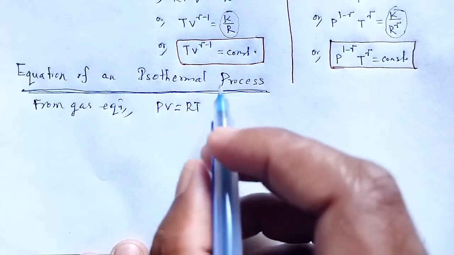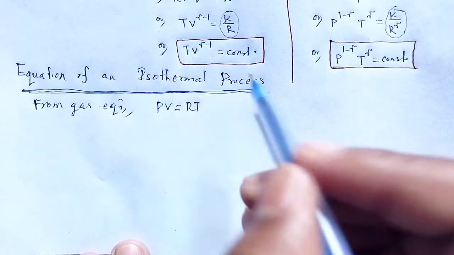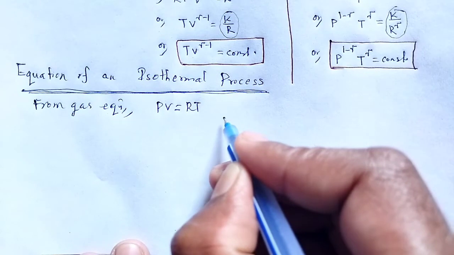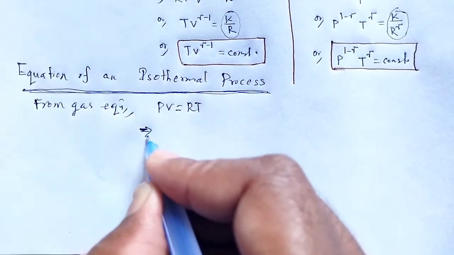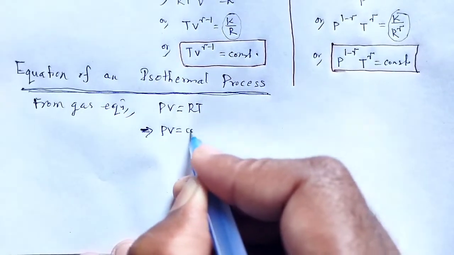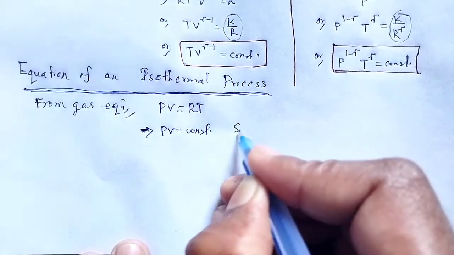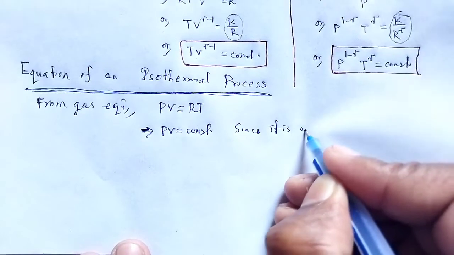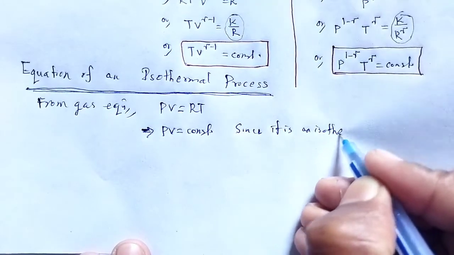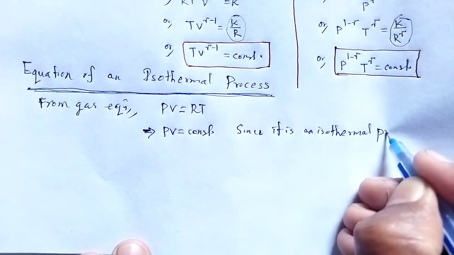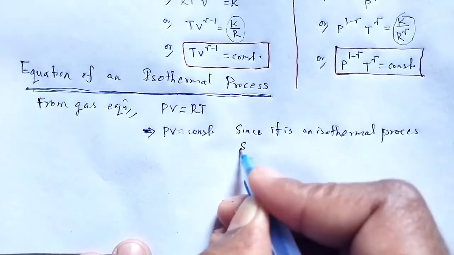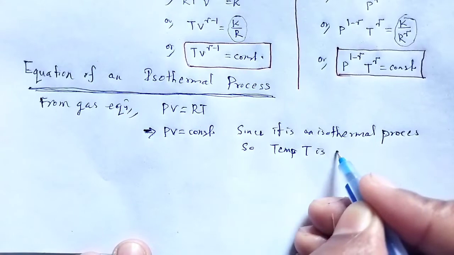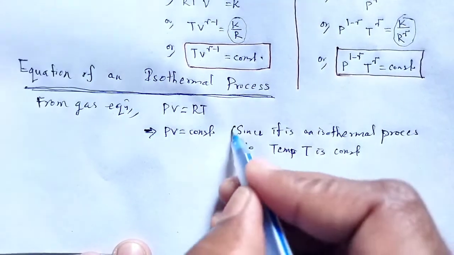Since this is an isothermal process, temperature T is constant.